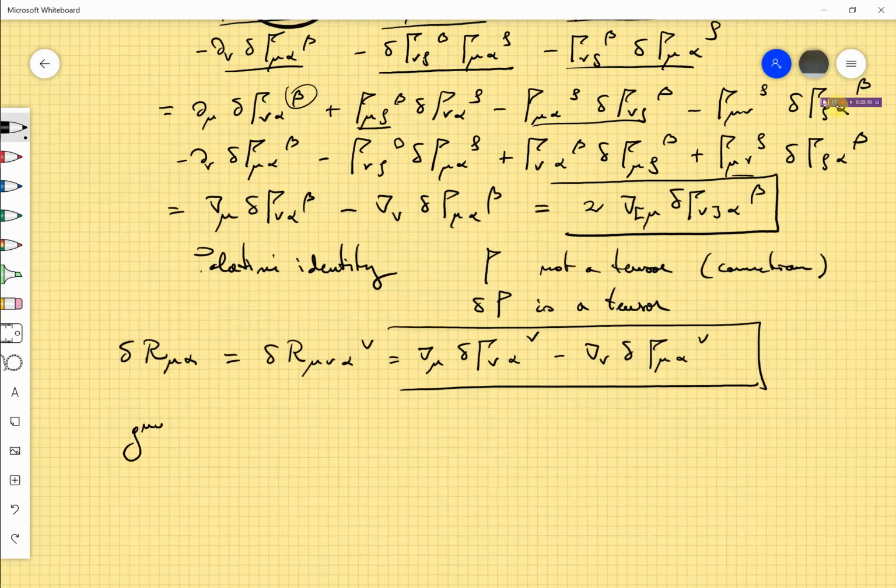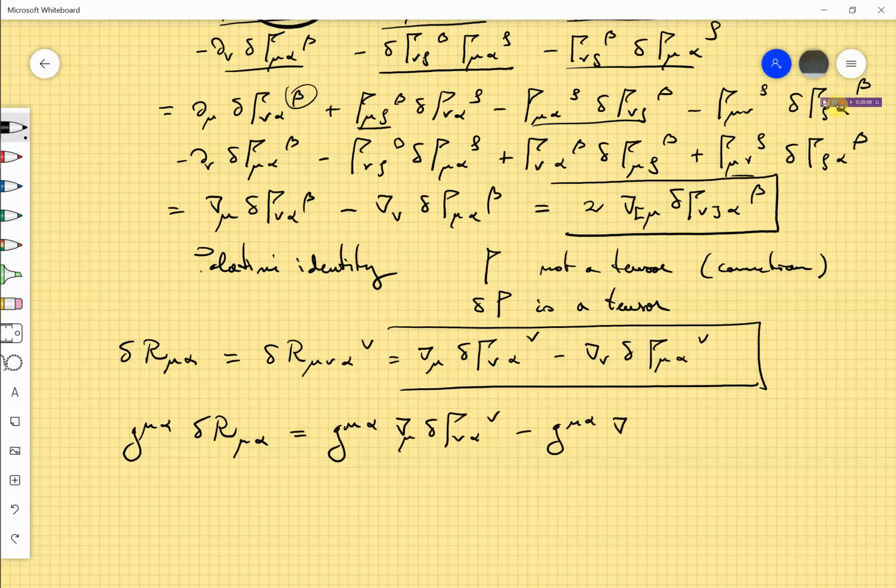So delta g mu alpha, g mu alpha delta R mu alpha minus g mu alpha nabla nu delta gamma mu alpha nu.